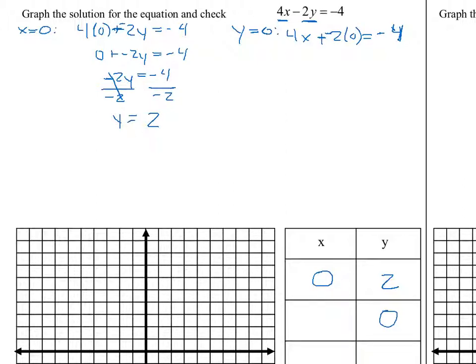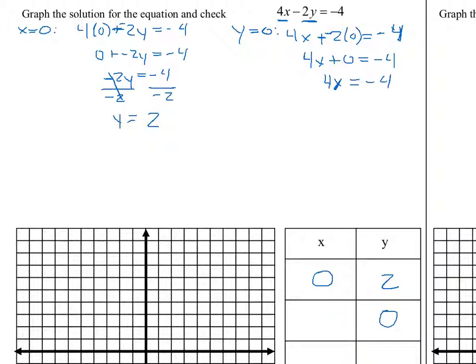That gives me negative 2 times 0. Negative 2 times 0 is 0. So this is 4x plus 0 is equal to negative 4. Here we see the additive identity property once again. 4x plus 0, that's just 4x. When we add 0 to something, nothing changes.